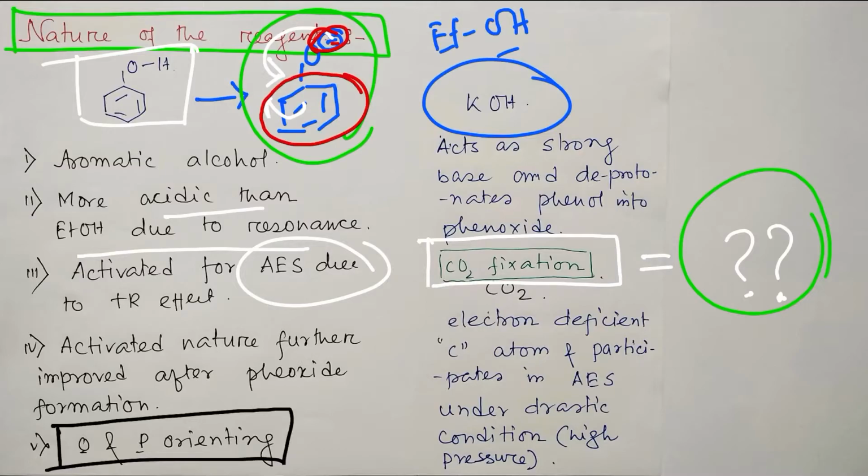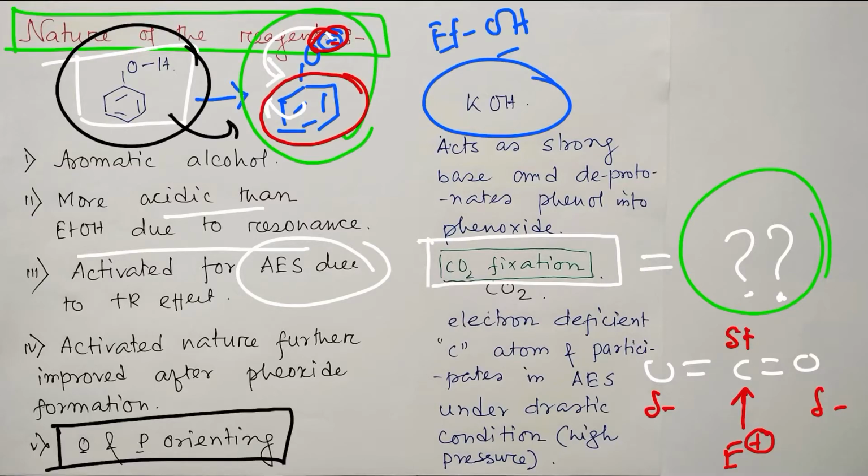If you look at the carbon dioxide molecule, by nature it is an electron deficient molecule. Why? Because oxygen is delta minus and carbon is delta plus. So it is electron deficient, or you may consider it an electrophile. What we are generating is a nucleophilic, electron rich species, that is, phenol to phenoxide.